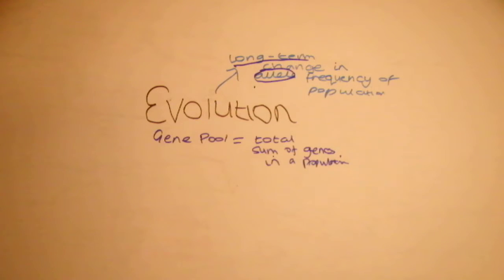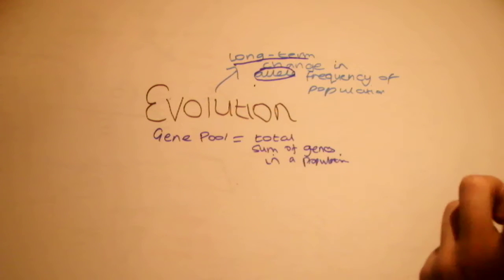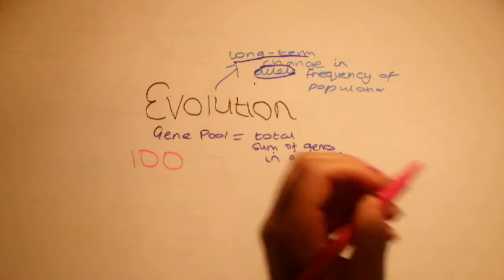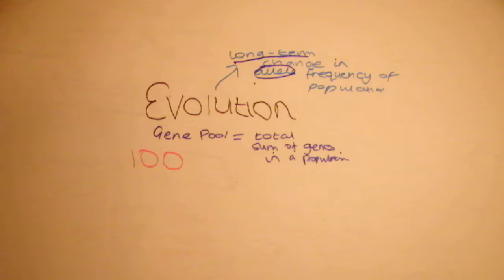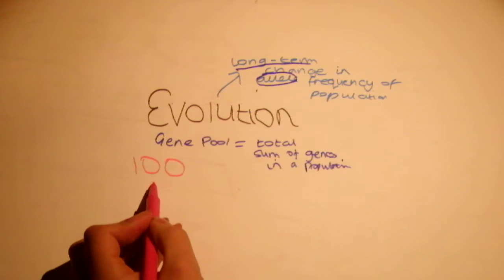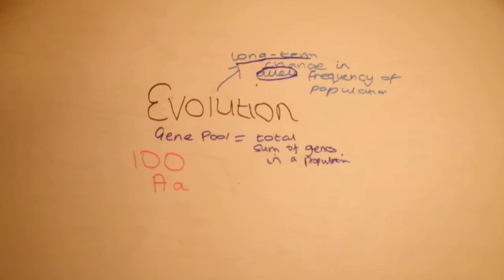You have 100 diploid organisms that can all breed successfully. A gene has two possible alleles, big A, or dominant A, and little a, recessive.